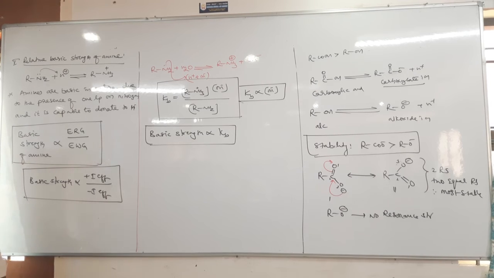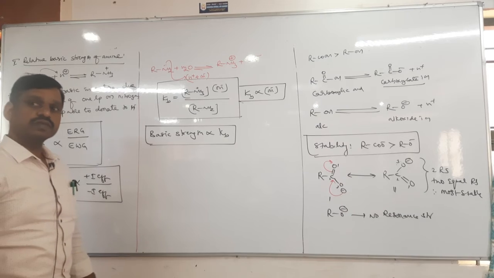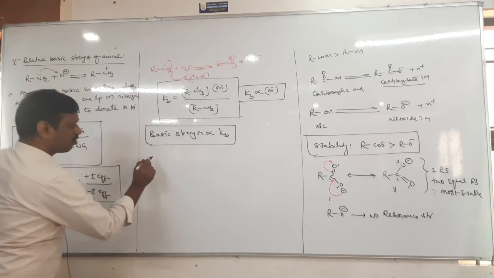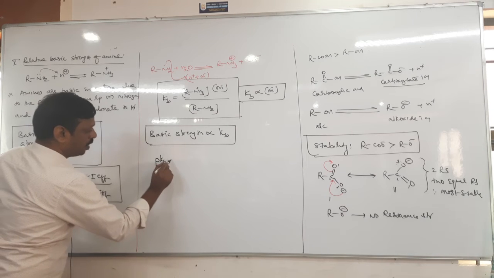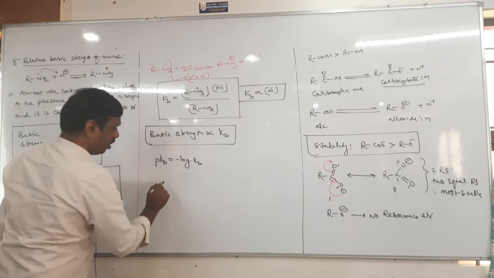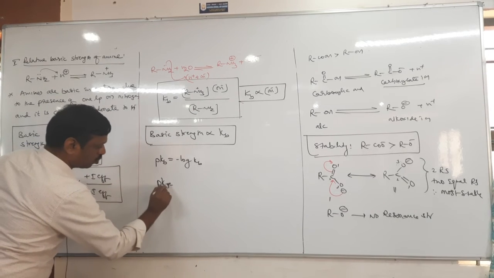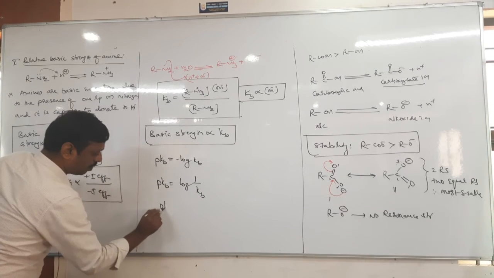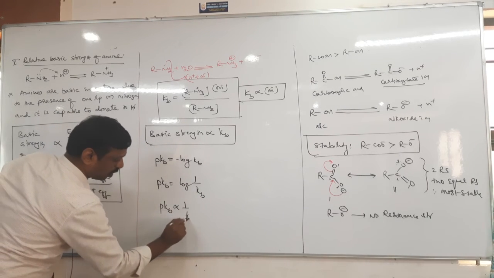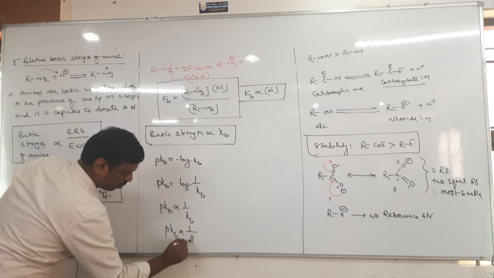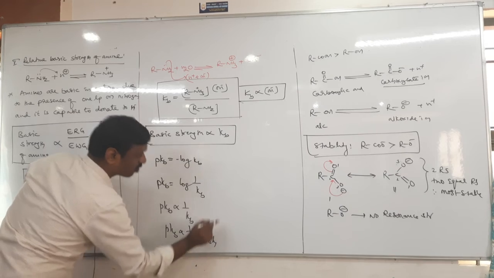What is the Kb equal to? The dissociation constant of a weak base. Ka is the dissociation constant of a weak acid. Okay, fine. But we also know that pKb is equal to minus log Kb. Then pKb is also equal to log 1 by Kb. Then pKb is inversely proportional to Kb, and pKb is inversely proportional to basic strength.